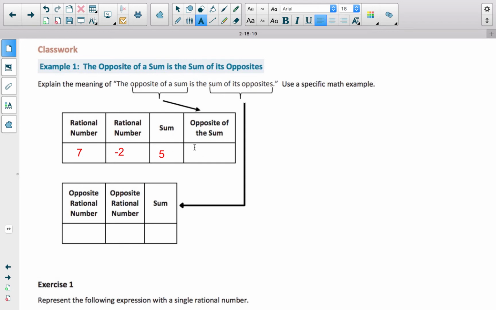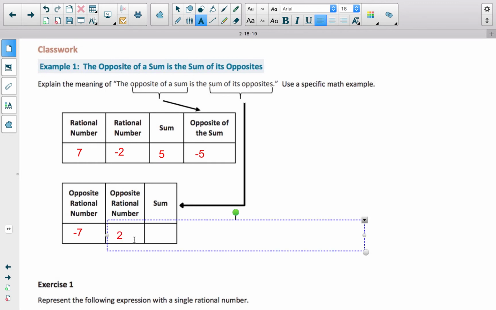Now, the opposite of 5 is -5. So, in this table, we have two numbers we are adding together, 7 plus -2, and we're getting 5. The opposite of that sum is -5. Now, let's look down here. The opposite of the rational number 7 is -7.